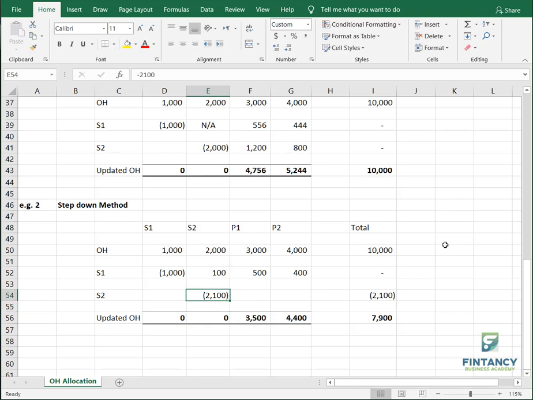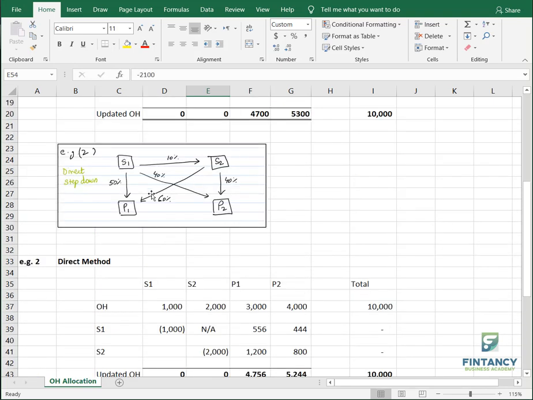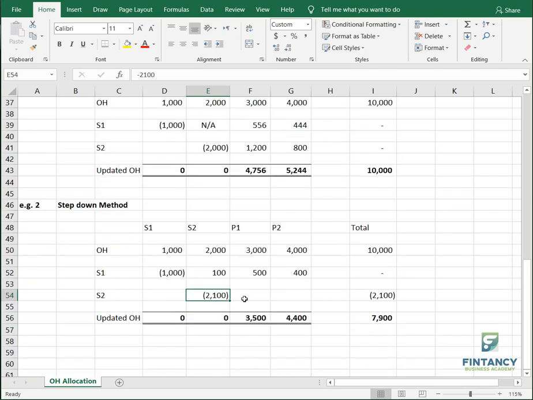In the ratio, what is the ratio? 60% to P1, 40% to P2, right? So let me take 2100 into 0.6 here and 2100 into 0.4 here. Okay. I hope it's clear with everyone. Please write yes in the chat box if it's okay.